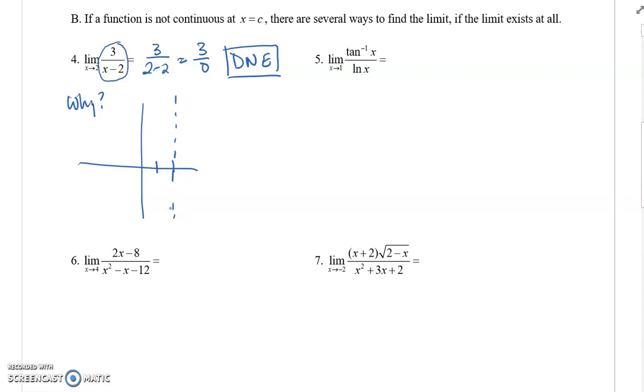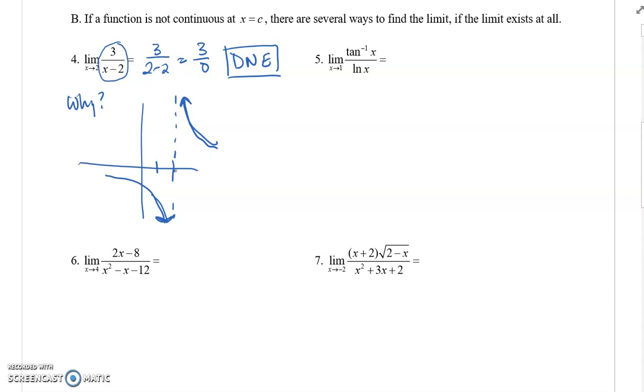Off the top of my head, I don't know if it's going up or down, although I'm pretty sure if I plugged in 1, that would be negative. But we don't really even need to care about that. The fact that there's a vertical asymptote tells me that there is not a limit as x approaches 2.